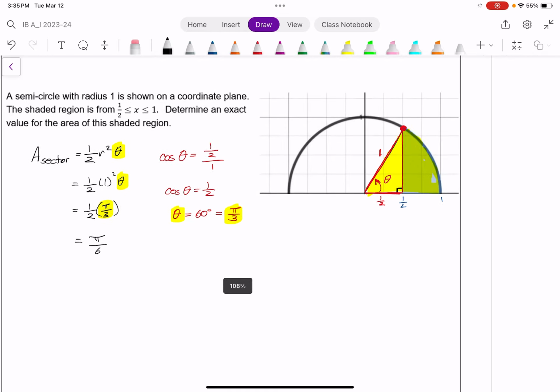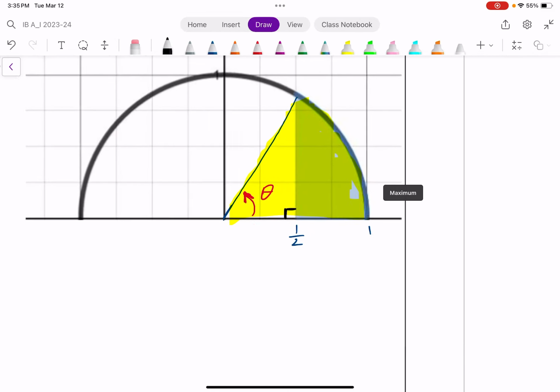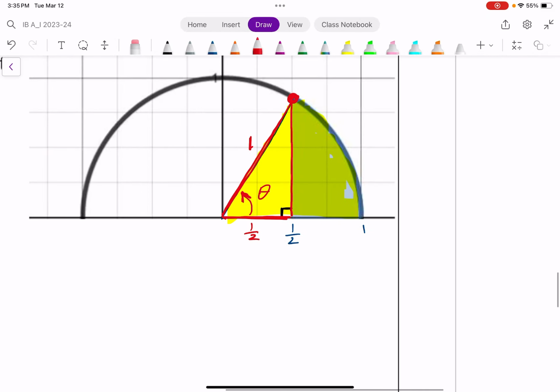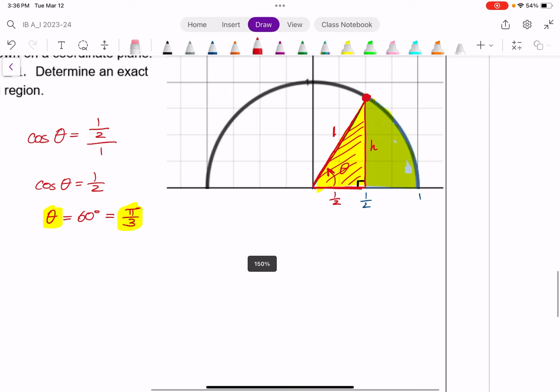All right, so now I want to find the area of the triangle, which should be pretty pleasant. I have a right triangle. I need to find the height from there. I could do a number of things. I could use the Pythagorean theorem. I do know we have a 60-degree or a pi/3 angle here, so I have various approaches. Or I could use special triangles.